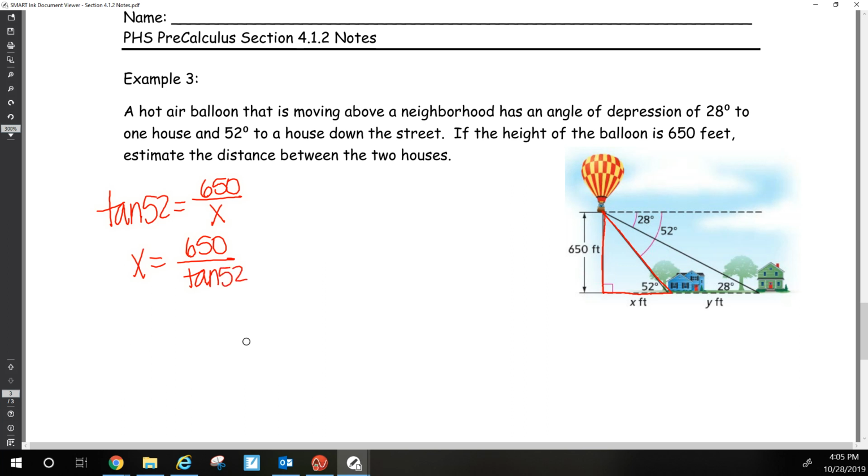Now before I go and solve it, I'm going to get a decimal approximation. If I use that decimal approximation and plug it in over here, then it's going to give me a gross approximation. Remember for AP Calculus, you have to have it to 3 decimal places.